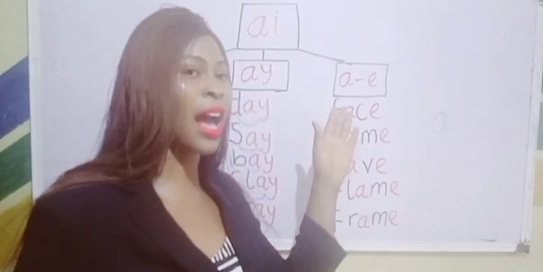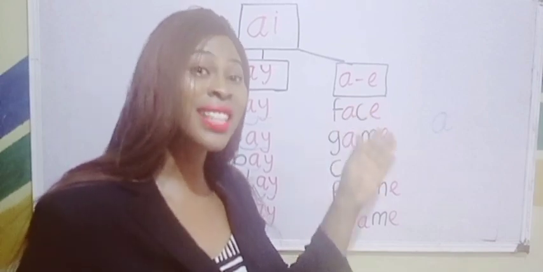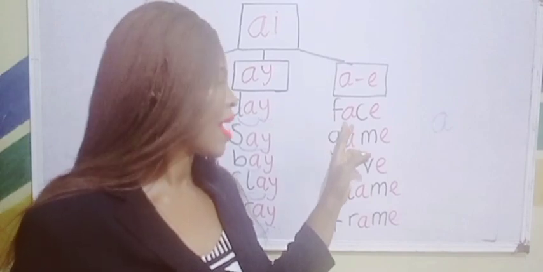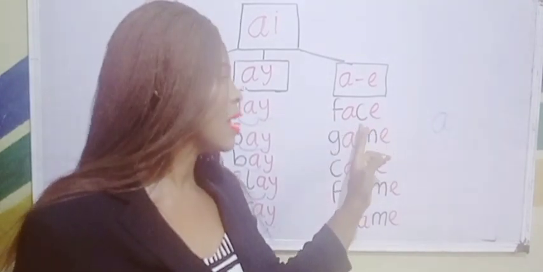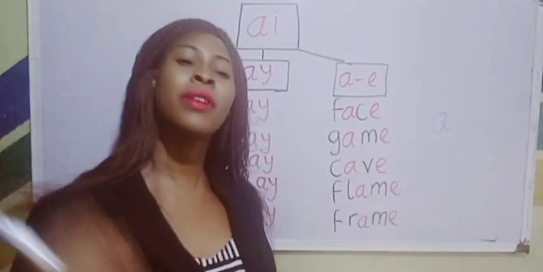So here we have letter A bearing its real name. So we have a, face. Now observe something. This is sounding as K, but something has happened.